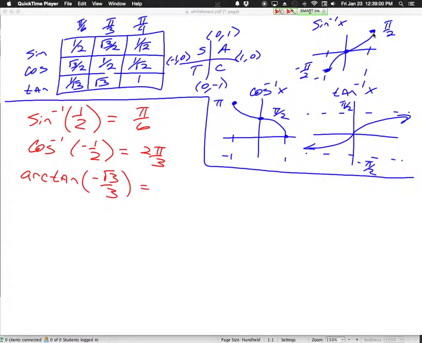Arctangent of negative square root of 3 over 3. Remember, square root of 3 over 3 is the same thing as 1 over square root of 3.